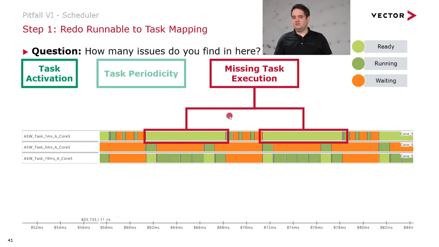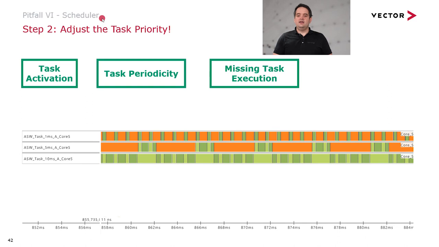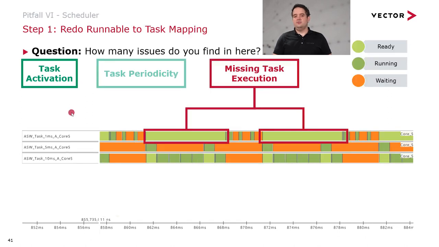We still have this missing task execution, but I see my task activation is resolved because at maximum I'm activating 3 tasks at one point of time, and the task periodicity is partially correct. But let's see what we can do as a next step. In this case, you see the 1 millisecond task is not able to run.